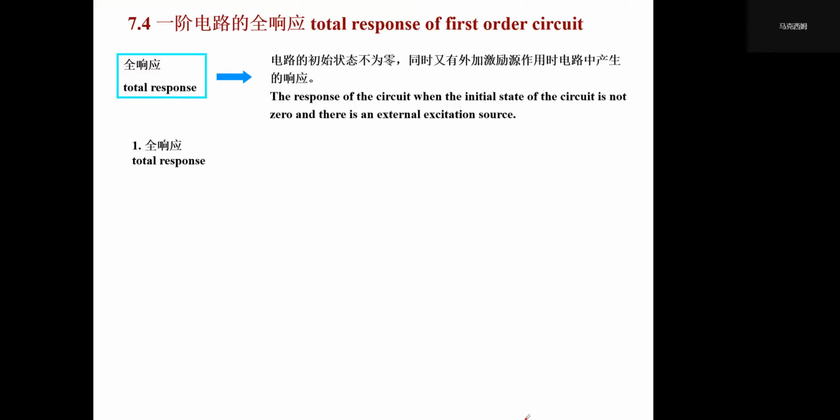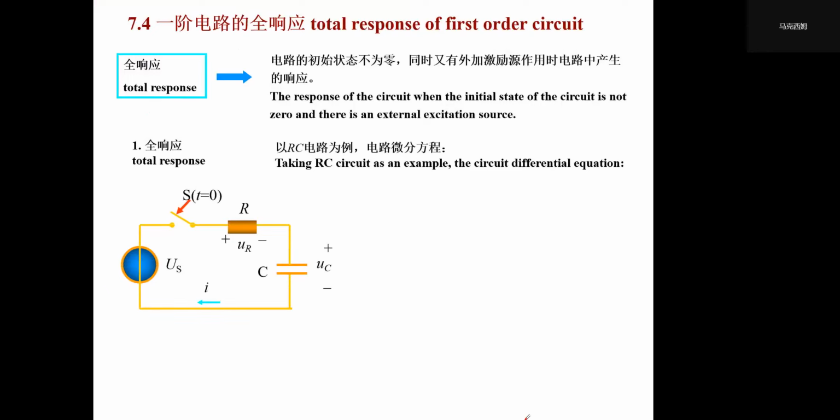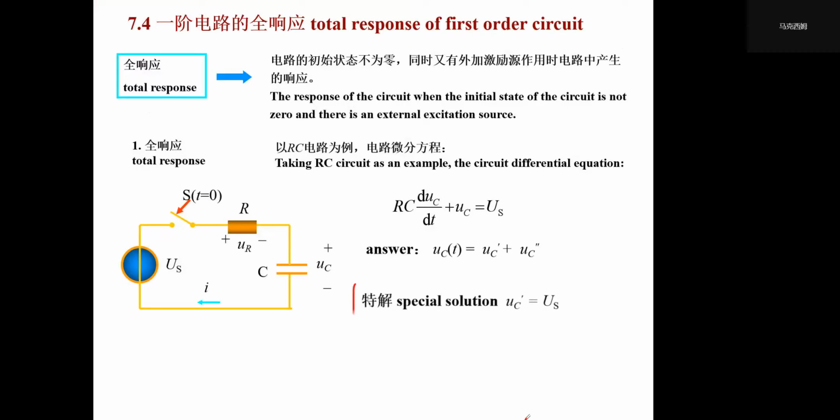So its total response, the full response, for example for the RC circuit, the total differential equation could be listed like this, right? And the answer still could be divided into two parts. A special solution Us' equals US. The general solution Us'' equals A times e to the power of negative t over tau.